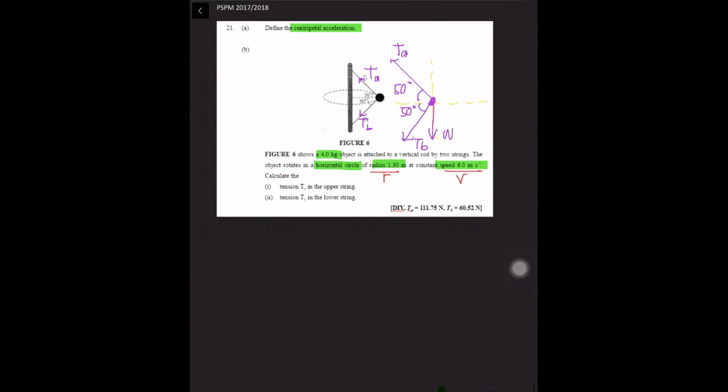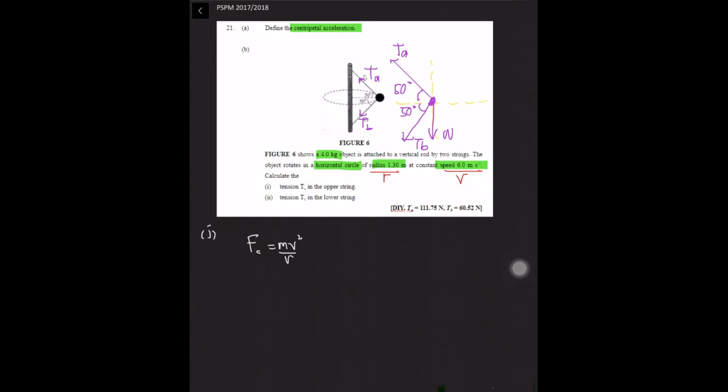Now in order to find the tension, we have to relate it with centripetal force. Because the object is moving in circular motion, there is a centripetal force experienced by the object. From the equation of centripetal force, Fc is equal to mv squared over r. So what is our Fc?